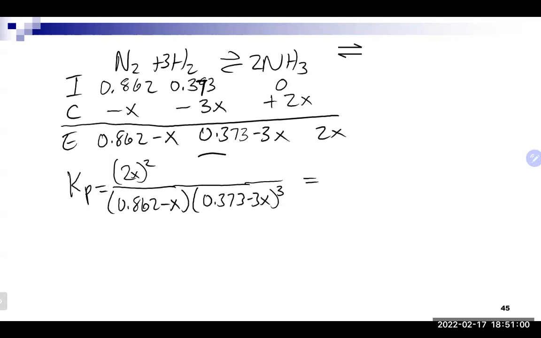And that equals 4.31 times 10 to the minus 4. Those first numbers are correct, right? Yep. All right. So at this point, there's a lot of math going on here. We got some cubes. We got some squares.